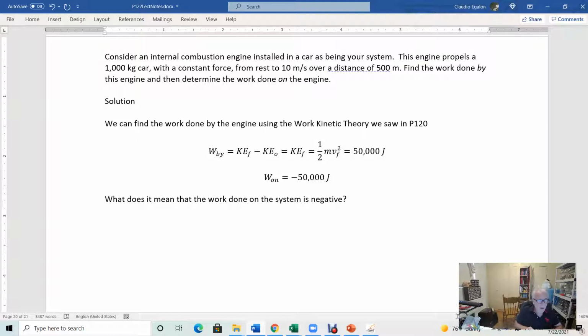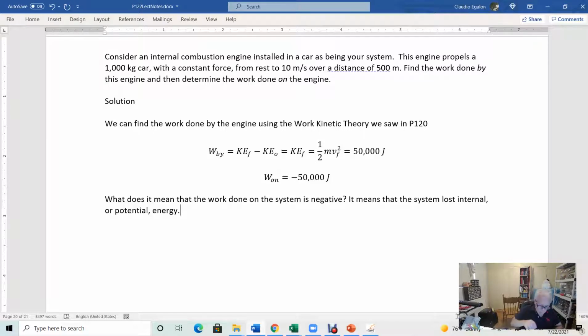The meaning is the following. It means that the system lost internal energy, or potential energy. That's what it means.